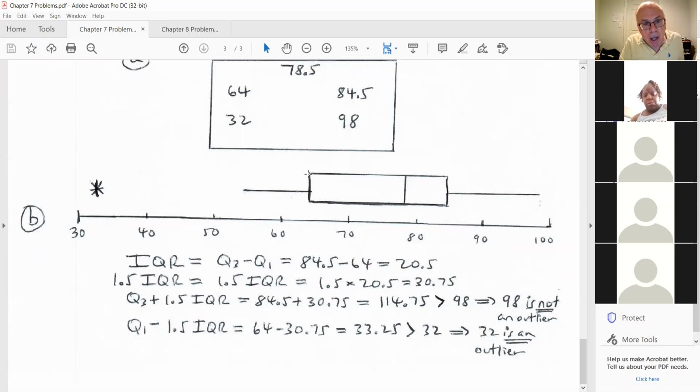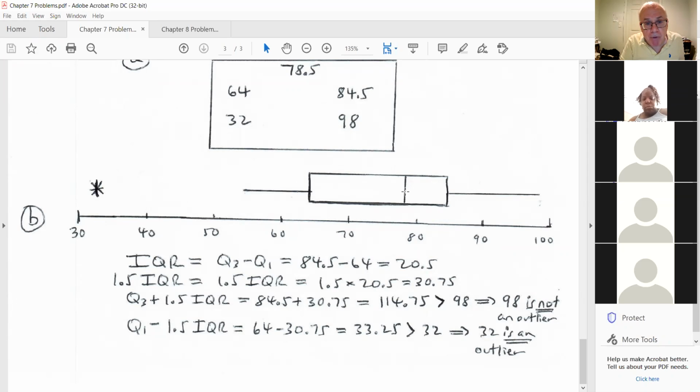Less than 64 would be any numbers to the left here, and that would run from 32 all the way up to, but not including, 64. So this would be 25% of the data between 32 and 64. Between 64 and the median, which is 78.5, is another 25% of the data.